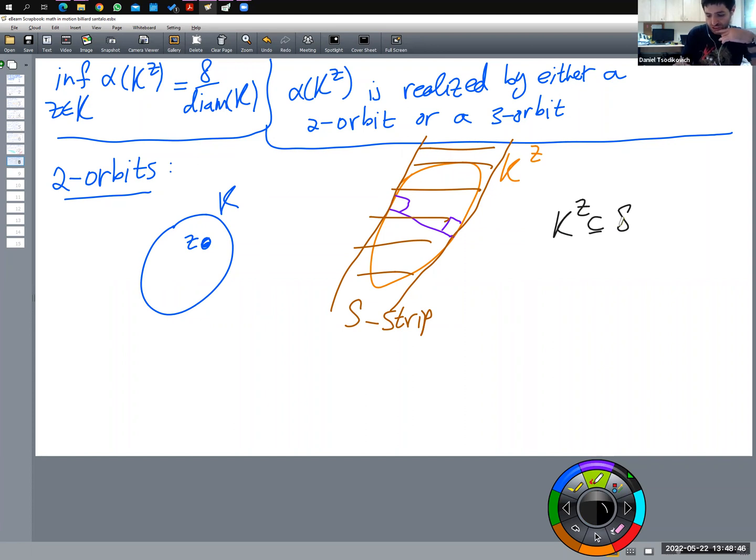So now if we take a dual, then this will reverse the inclusion. So if we take the dual with respect to the origin, where this is the origin somewhere, or well, it should be somewhere here, I think. It doesn't really matter. Then this gives us a shift of K, and the dual of a strip is a segment. So it is not too difficult to see that this is contained in some segment. I need to reverse the inclusions.